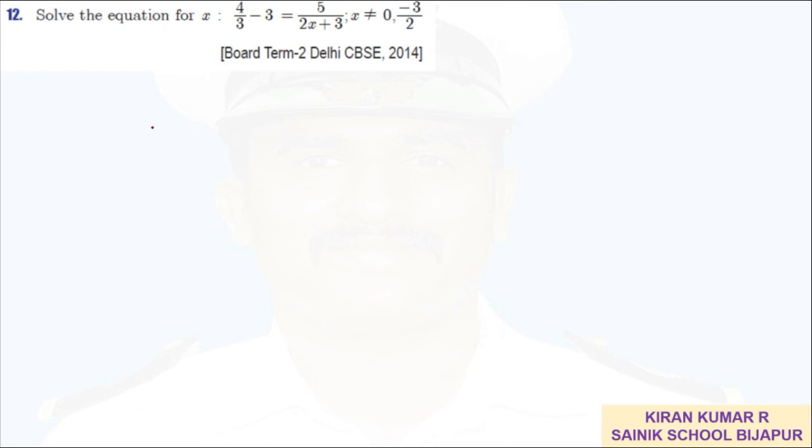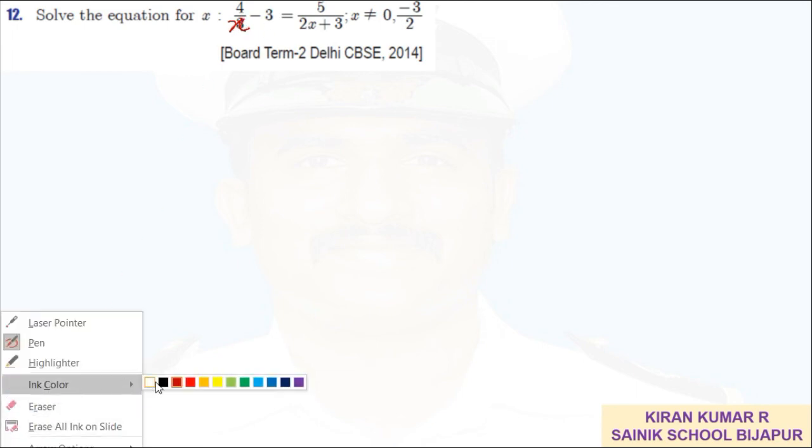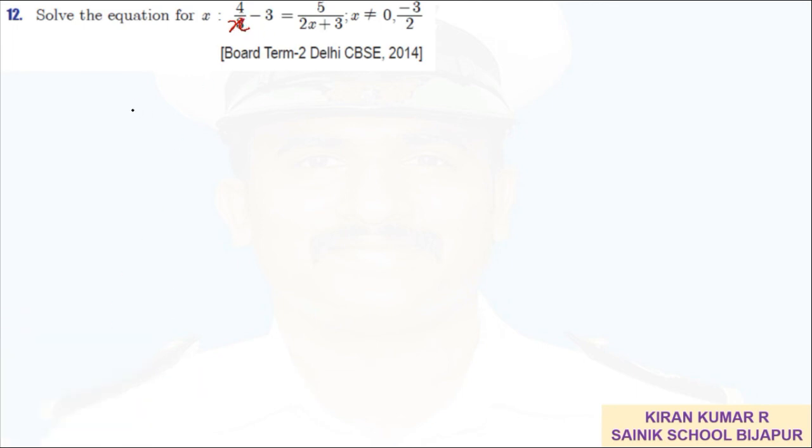Solve for x: 4 by 3 minus 3 equal to 5 by 2x plus 3. Here there is a mistake in the question. It's not 4 by 3, it is 4 by x. Let's simplify now.